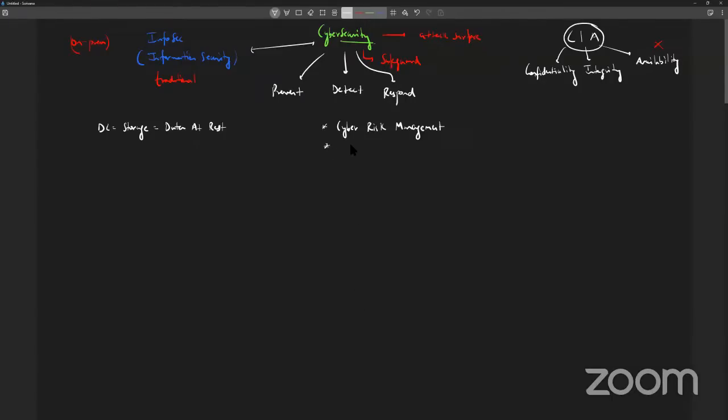Then nowadays, there's also an importance of threat intelligence. Let's suppose that CrowdStrike thing that happened last week.